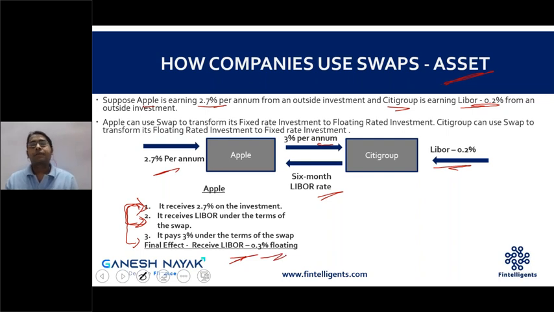So Apple is going to receive LIBOR and it is paying 0.3%. That effectively means that Apple is going to receive LIBOR minus 0.3%. Now what they have done is they have converted their fixed rated asset into a floating rated asset by combining the original asset with the swap transaction.